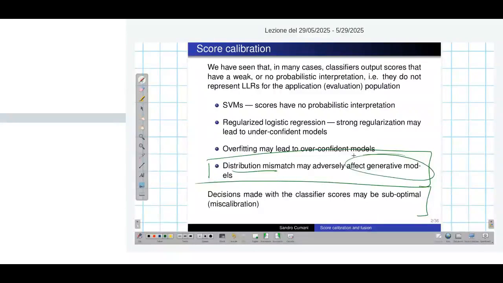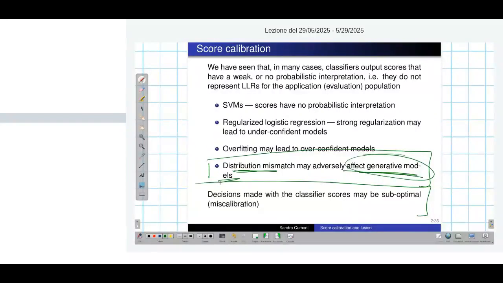But there may be cases where the model itself, let's say by chance, is still good at discriminating the classes, but this mismatch will still provide miscalibration errors.